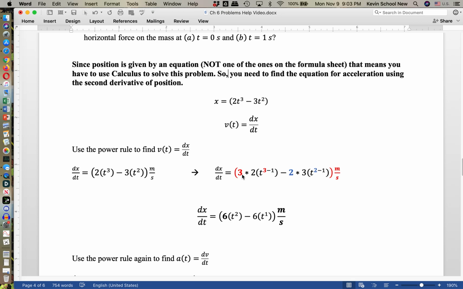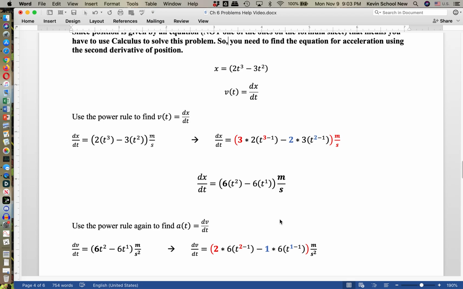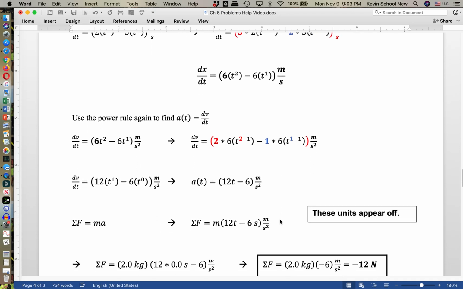So I get 3 times 2, or 6, times t raised to the 3 minus 1 power, or the second power, minus 2 times 3 times t raised to the power of 2 minus 1, or 1. That gives me my velocity equation.